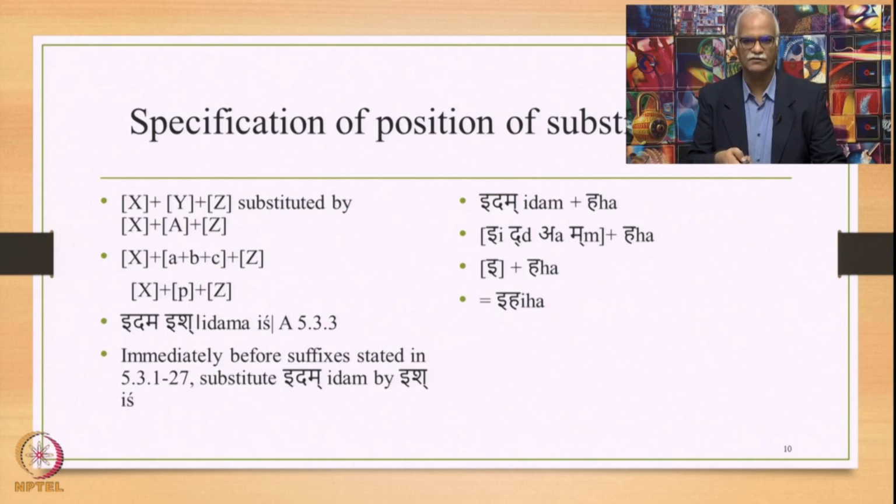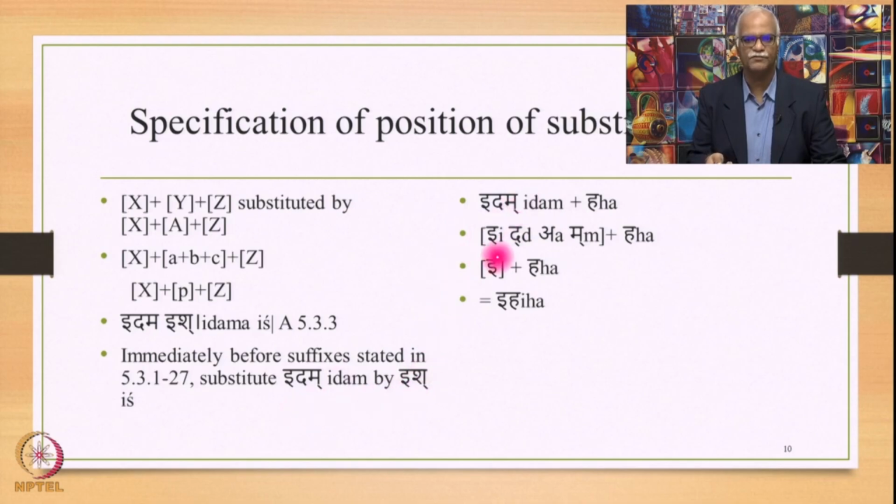So note here that idam is a nominal root to which is added ha, which is part of this set of suffixes, idamo ha, that is part of this set. So ha is part of this set. This is the right hand side environment. So this condition is fulfilled. Now this idam is to be replaced by ish.